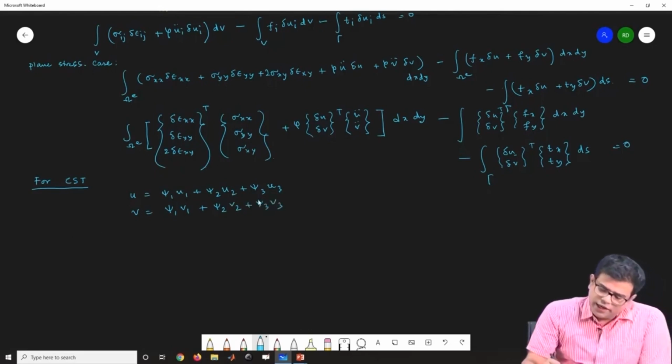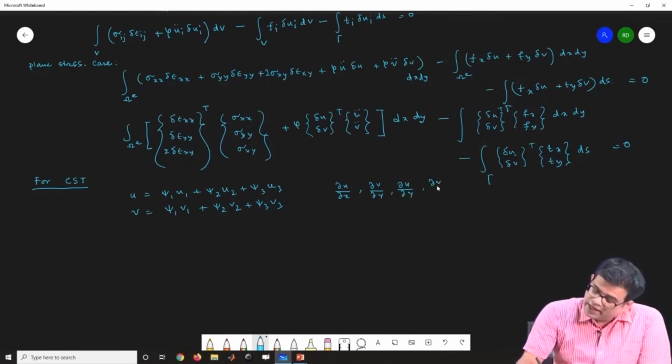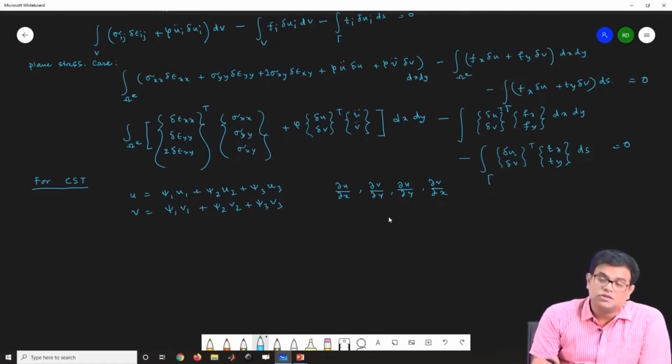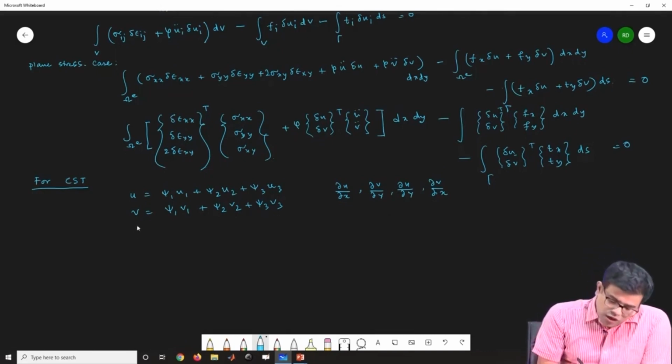Now I can evaluate del u del x, del v del y, and del u del y and del v del x. Since psi is a linear function of x and y, these quantities will be constants, because differentiation of a linear function is a constant.